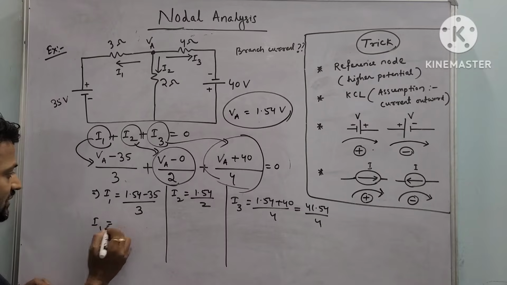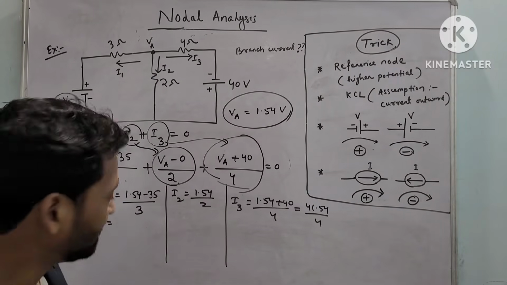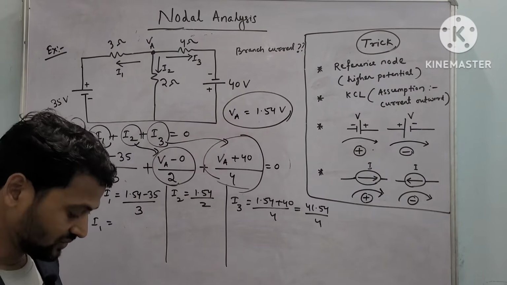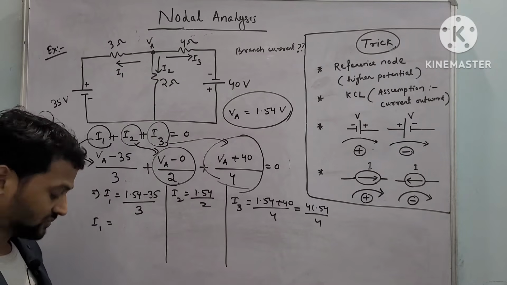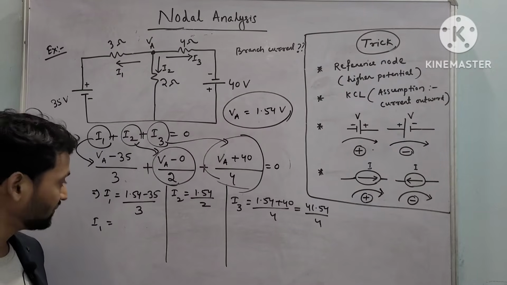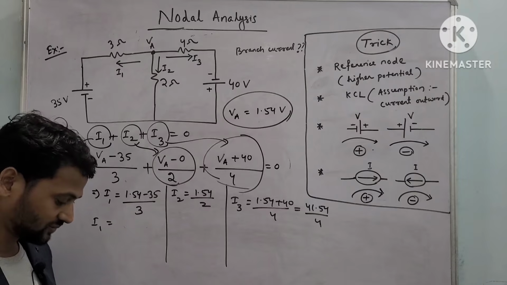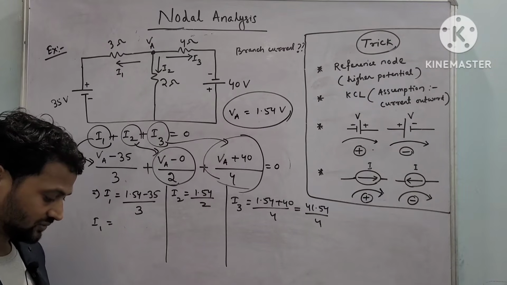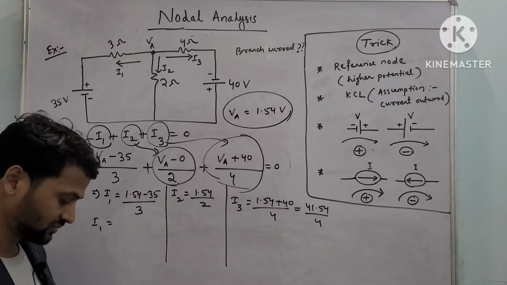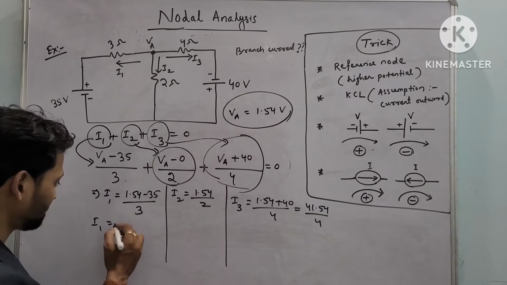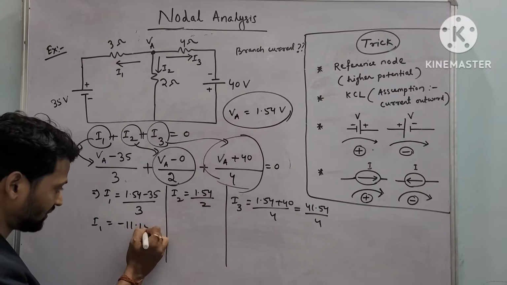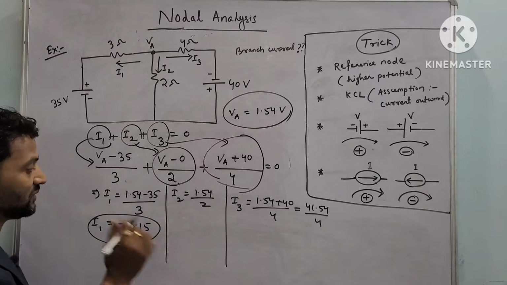So the final answer: 1.54 minus 35, I have the calculator, you can use it, divided by 3. It is coming minus 11.15. Okay, that is your I1.